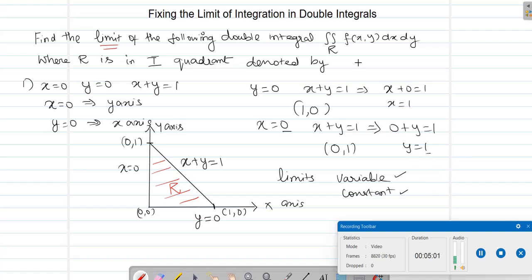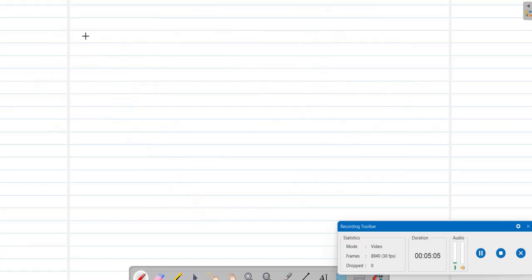So let us move to the next slide. We will have the diagram again. So this is going to be my x-axis, this is going to be my y-axis.